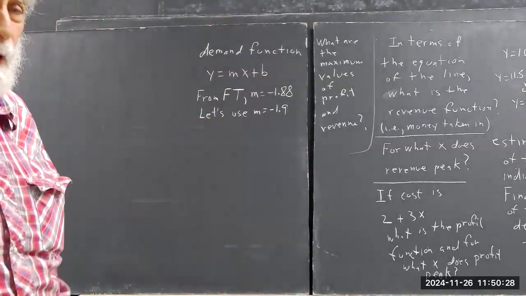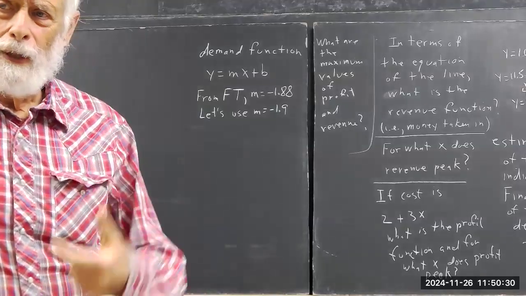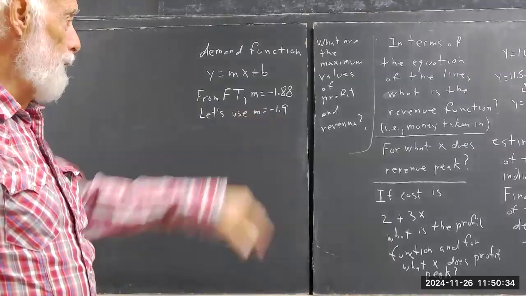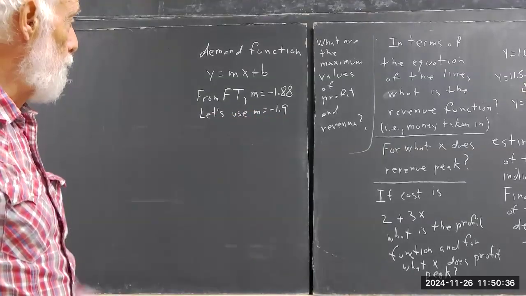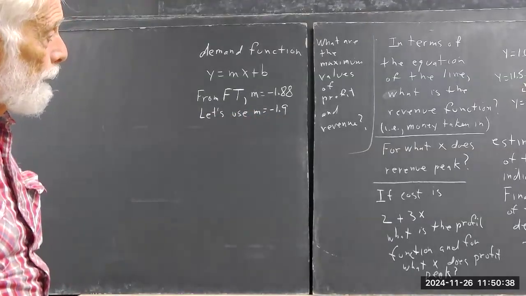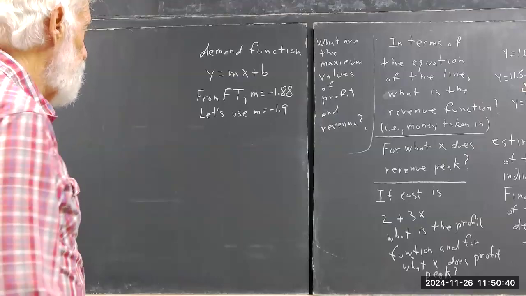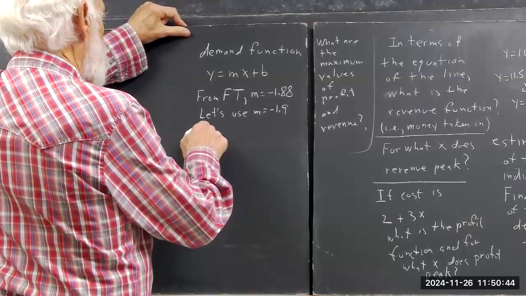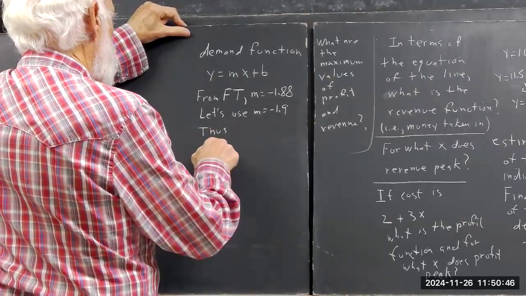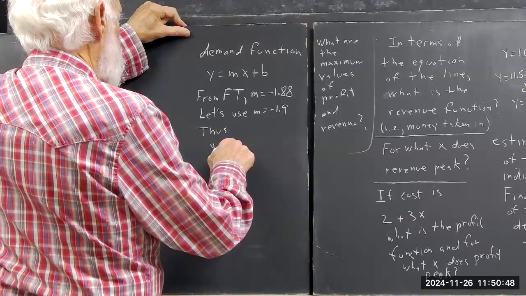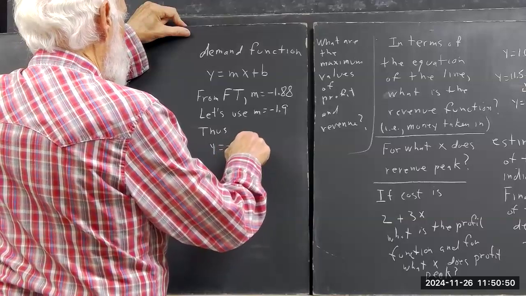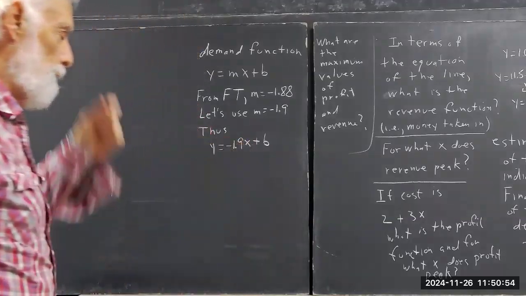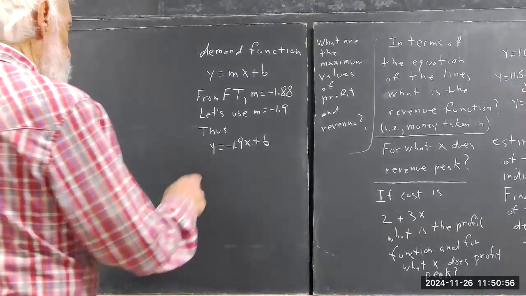Why deal with all those significant figures that aren't all that significant? In this case, we'd probably be safe rounding that a little more to negative 1.9. So y equals negative 1.9x plus b.